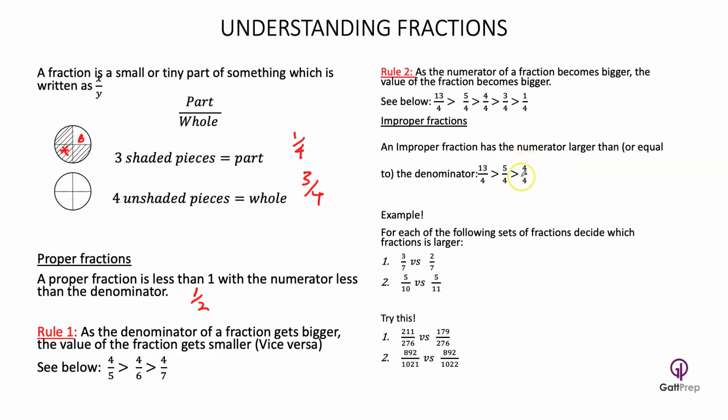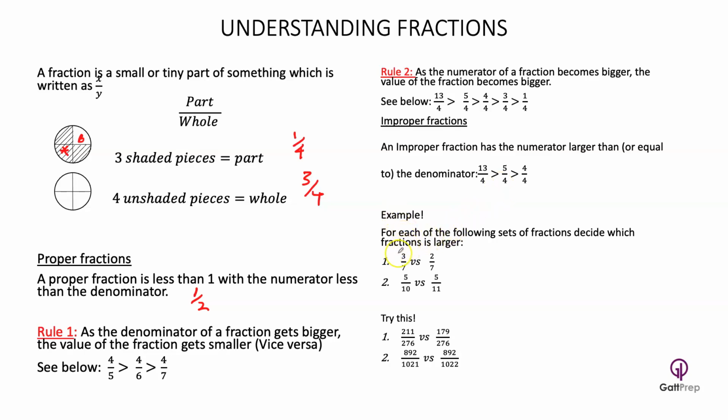An improper fraction. Now 5/4, you can tell from the definition of a proper fraction that the numerator must be less than the denominator. So you can tell that with these two fractions, 5/4 and 13/4, the numerators are bigger than the denominators, and therefore they do not qualify to be proper fractions. They are called improper fractions.